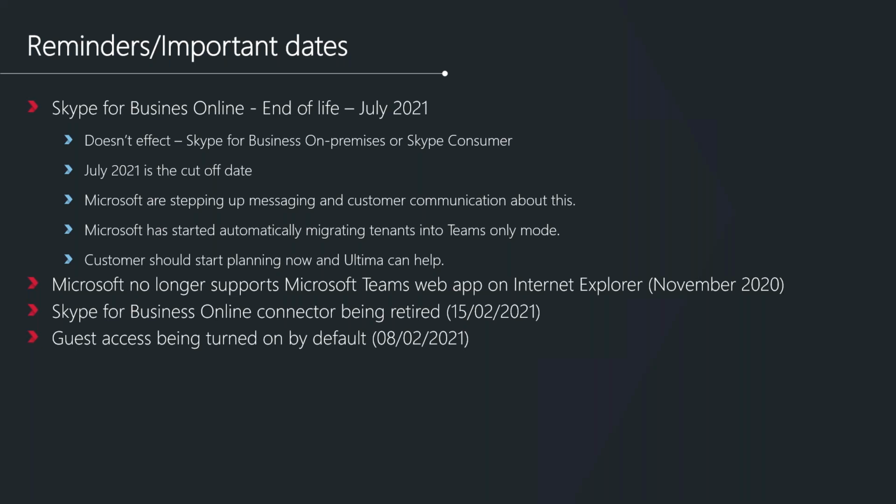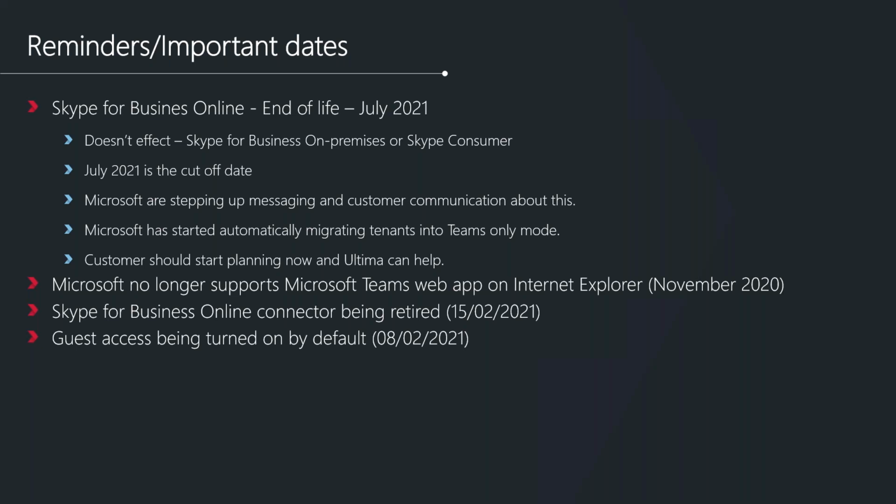And finally, I just got a reminder about this myself this morning as well. As of the 8th of February, Microsoft are changing the default behavior for guest access. I'll cover off what guest access is in the collaboration functionality slide, because that's kind of where it sits.